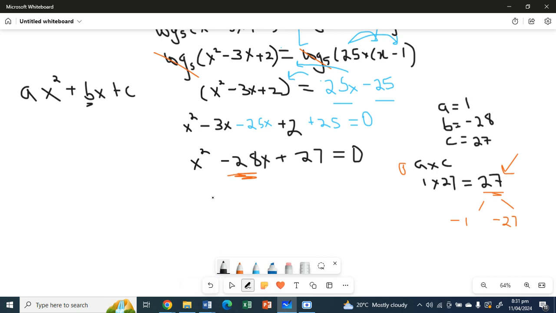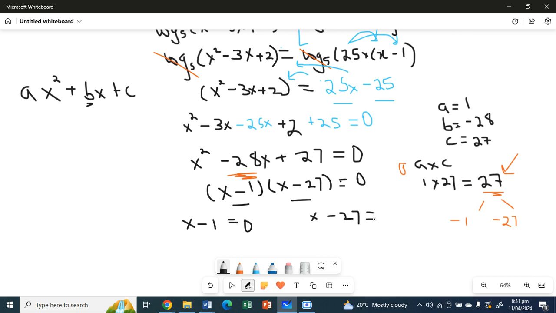So since we found the factors, you're just going to write (x minus 1)(x minus 27) equals 0. And then we solve each of these individually. So you say x minus 1 equals 0, x minus 27 equals 0.